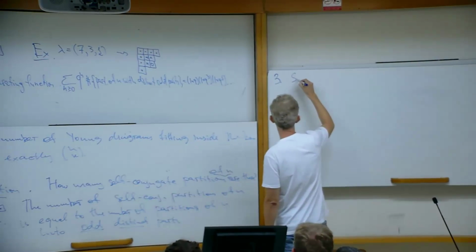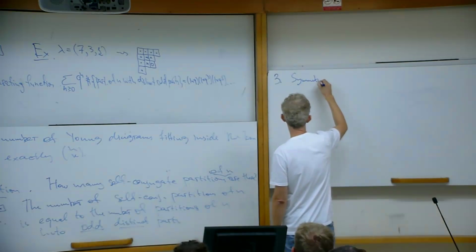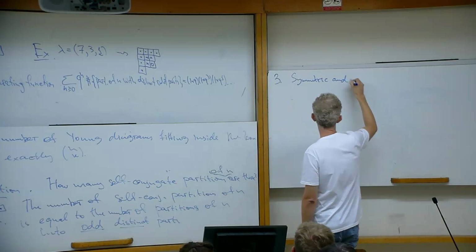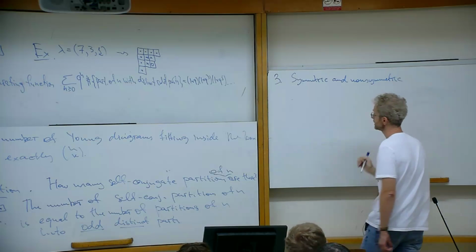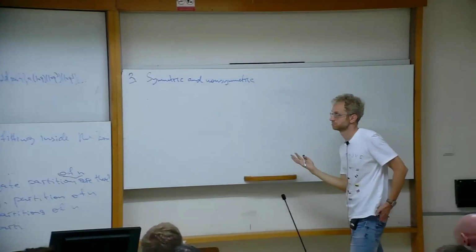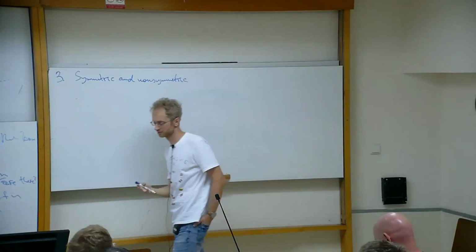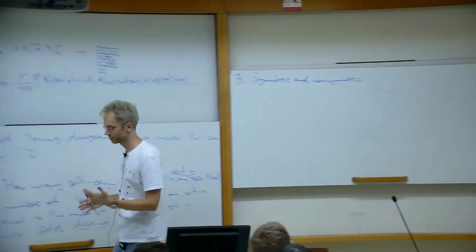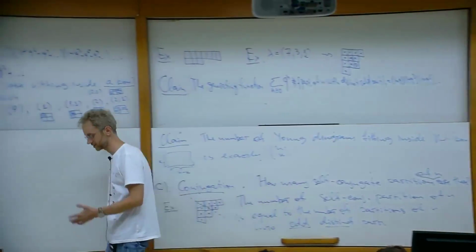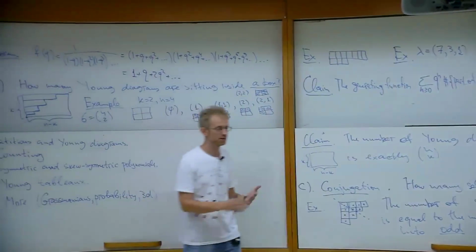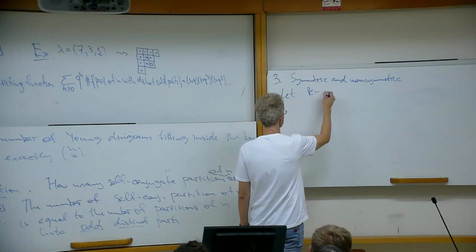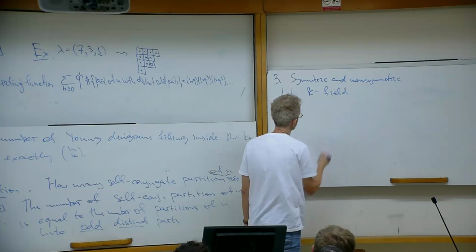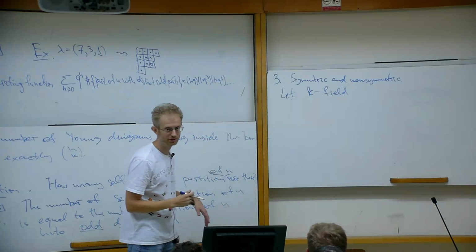This is about symmetric and non-symmetric polynomials. You can think of this as a separate part of mathematics or as a part of the study of special functions, but there is a very nice class of polynomials. Let K be some field: whatever you like, reals, complex, or whatever.